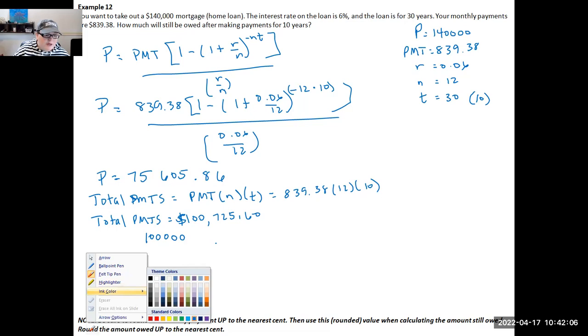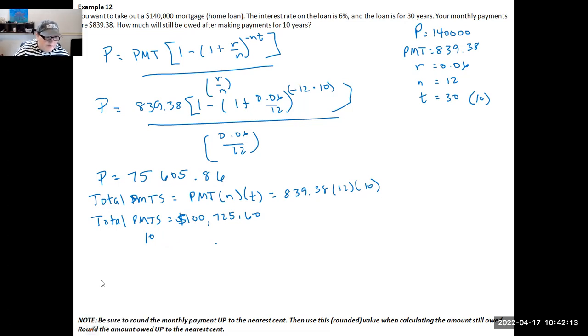My mind's trying to do too many things at one time. I'm so sorry. So let's just use the eraser. 100,725.60, and I'm going to subtract the P. So it's total payments minus P is the next step.